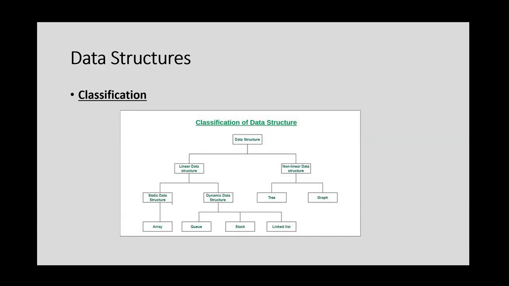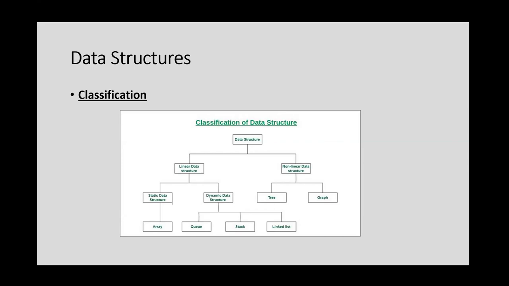It is stored somewhere else, not one after another, wherever wanted, but it is connected to each other. For this we will make use of pointers to connect the elements stored in different memory locations. The two examples would be tree and graph.